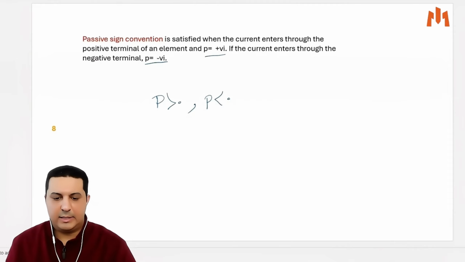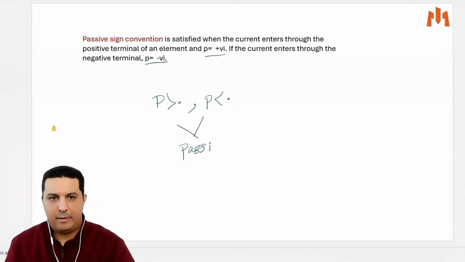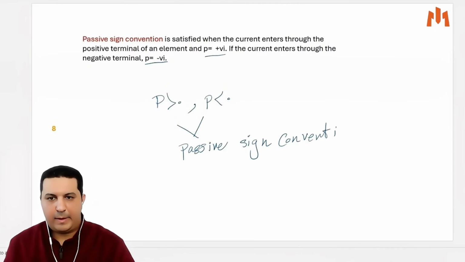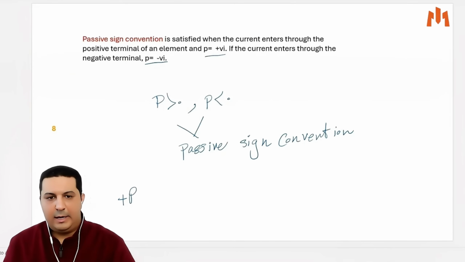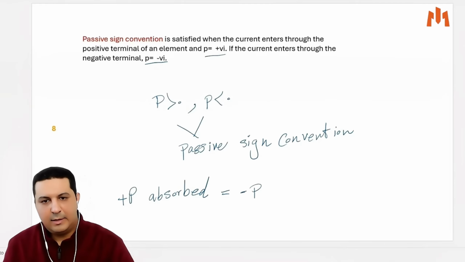This is the passive sign convention. And something else that I must write here for you: if the power is positive, it is absorbed. It is the same as if the power is negative, it is supplied.